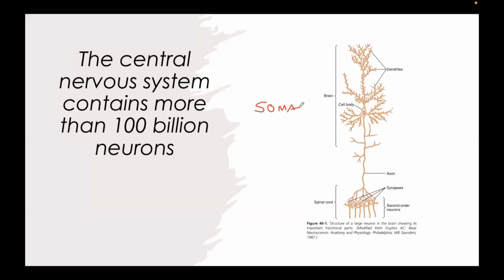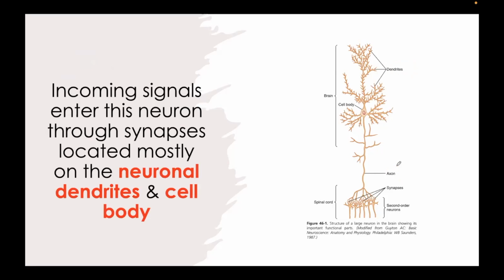It contains two branches. One is the dendrites, the other is the axon. So these are the three structures that I want you to remember. The soma, or the cell body, the dendrites, and the axon.